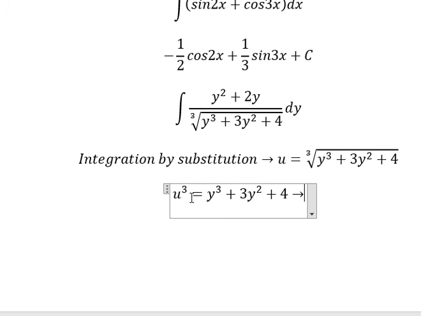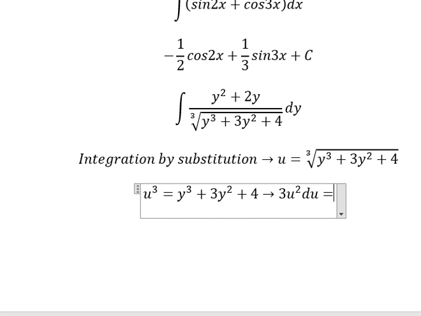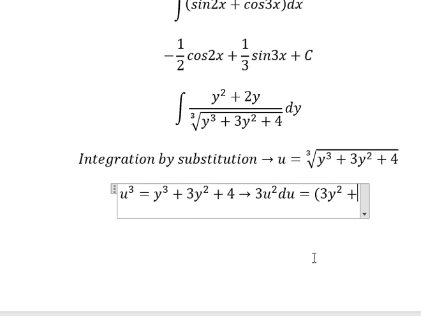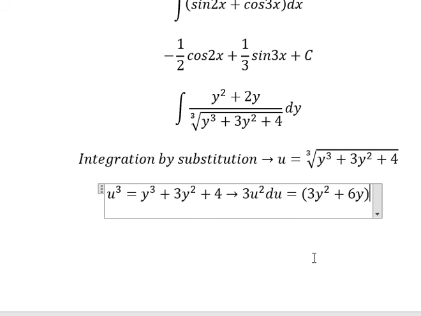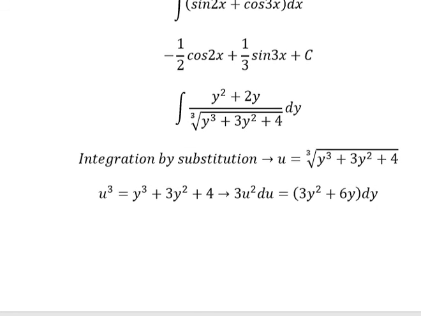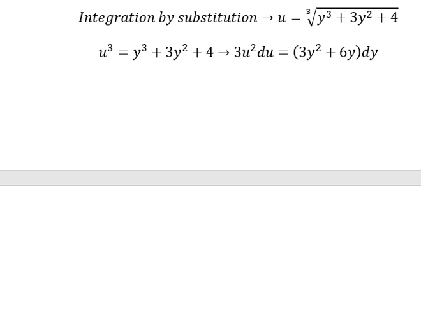Next, we do first the derivative for both sides. Because we don't have number 3 and number 6, so we divide both sides by 3. And we got u squared equal to y squared plus 2y dy.